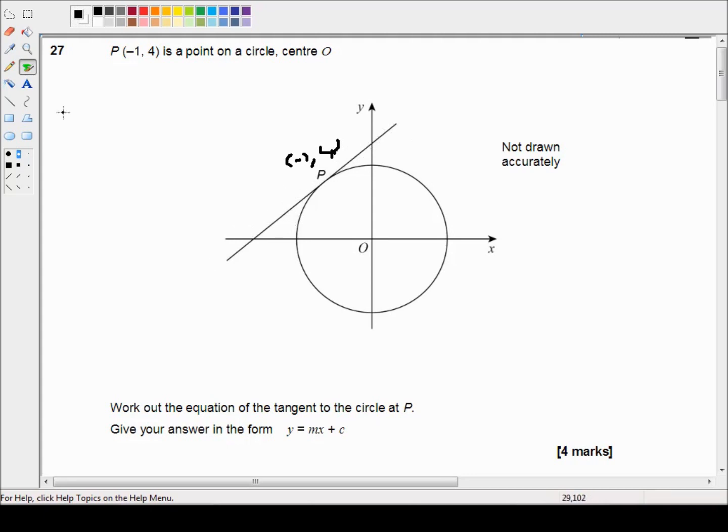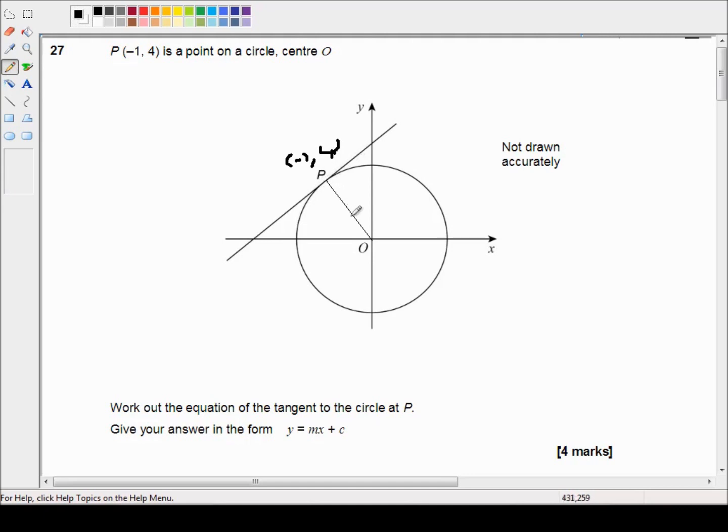Well, I think the only way we can do this is to draw a line from the origin to point P. Now we do have 2 points which can define a line, because you need a minimum of 2 points to define a line, and we can define this line from the origin to point P, which is on the circumference of the circle as well as the tangent line.